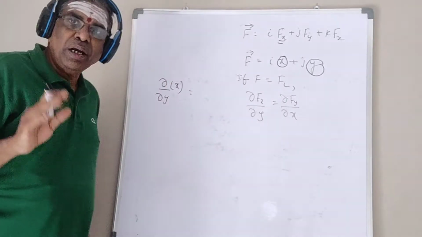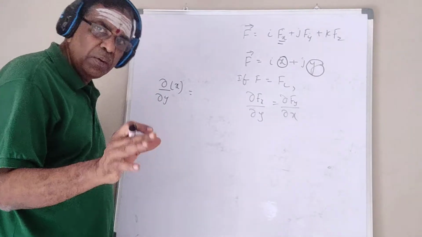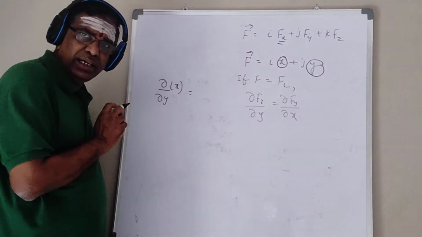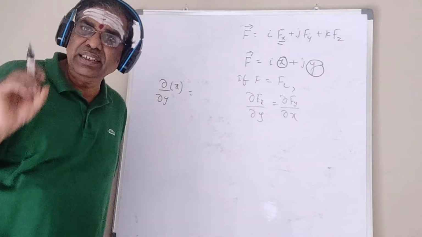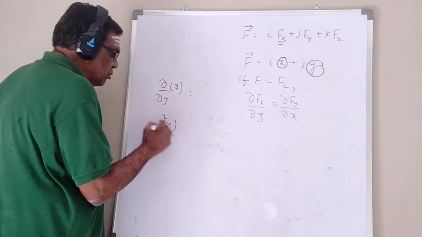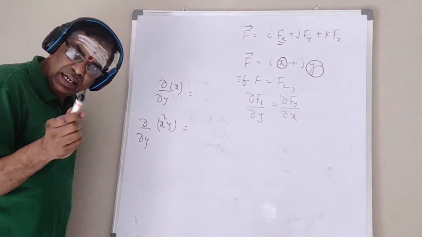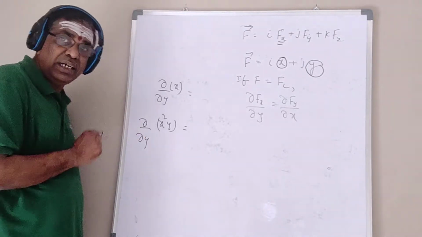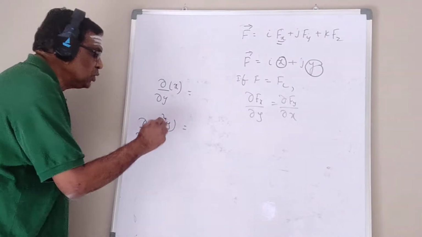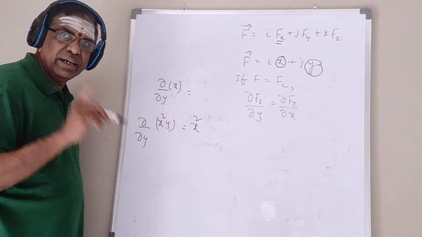What is this value? Now, if you are aware of the partial derivatives, it's no problem. Otherwise, I tell you, it's a very simple ordinary derivative. If you talk of y, any other parameter is treated as constant. For example, I want to know dou y of x squared y. Generally, x is a variable, but when you say partial derivative, except y, all others are kept constant. So, x squared becomes constant, then dou y of y is 1.